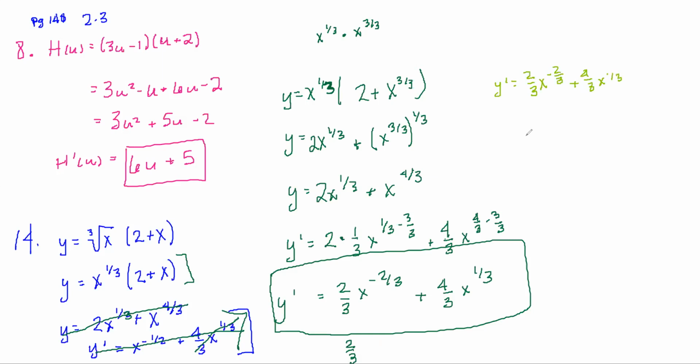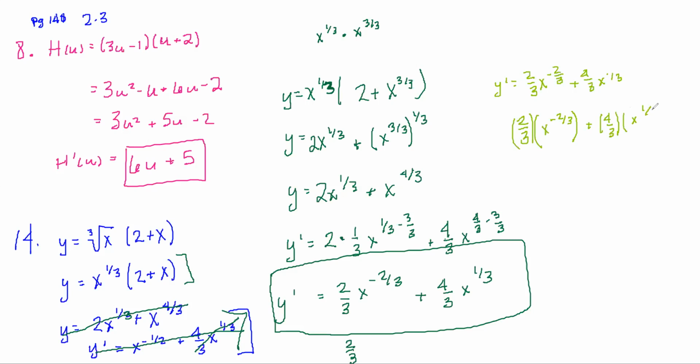Okay, so how I would do this is I would kind of separate it out while I think. Sorry, I'm trying to catch up with the chat box. So it's 2/3 times x to the negative 2/3, and then I would just rewrite x to the negative 2/3. And then I would do the same thing over here because I don't really want to think about that coefficient right now.